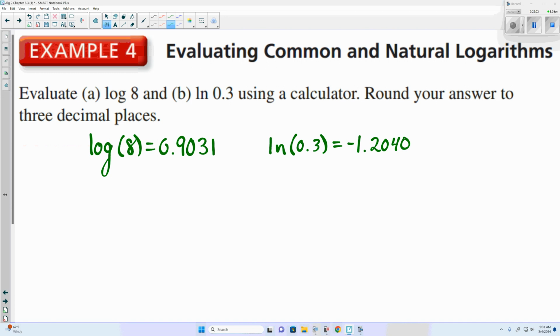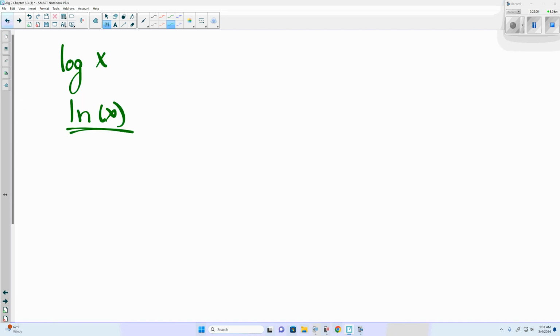Now, something we can expect with this: our common logs, the base is understood to be 10, yes? So log base 10 of x equals y. If I wrote this in exponential form, we're saying that 10 to the y is equal to x. The first one, our value of x was 8, so we're really saying 10 to what power is 8? Well, 10 to the first is 10.